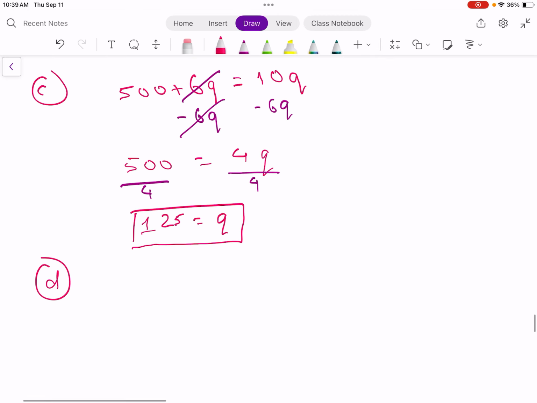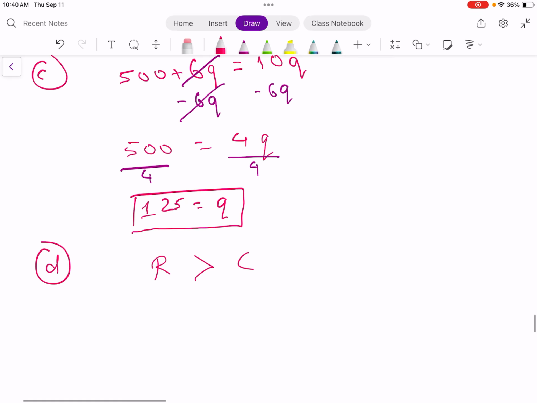We want our revenue to be greater than cost, right? Now what is our revenue? Revenue is 10Q, and we want it to be greater than our cost, which is 500 plus 6Q.